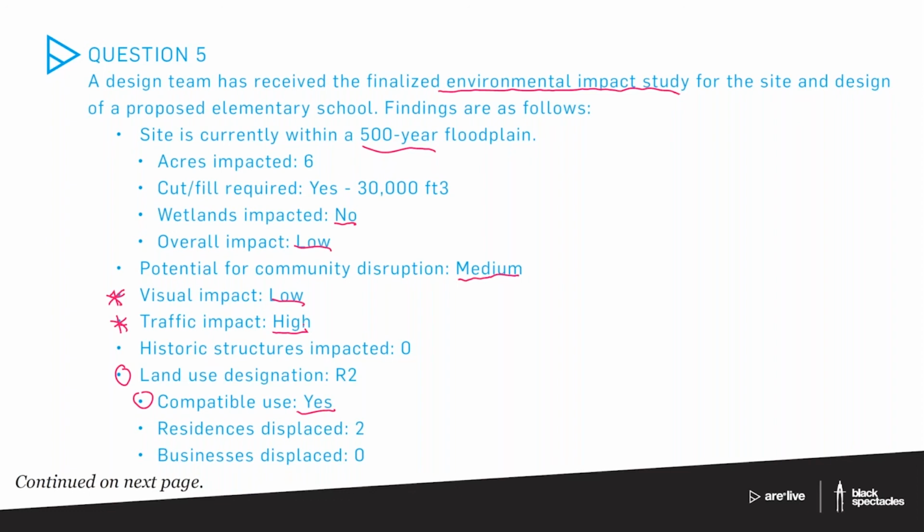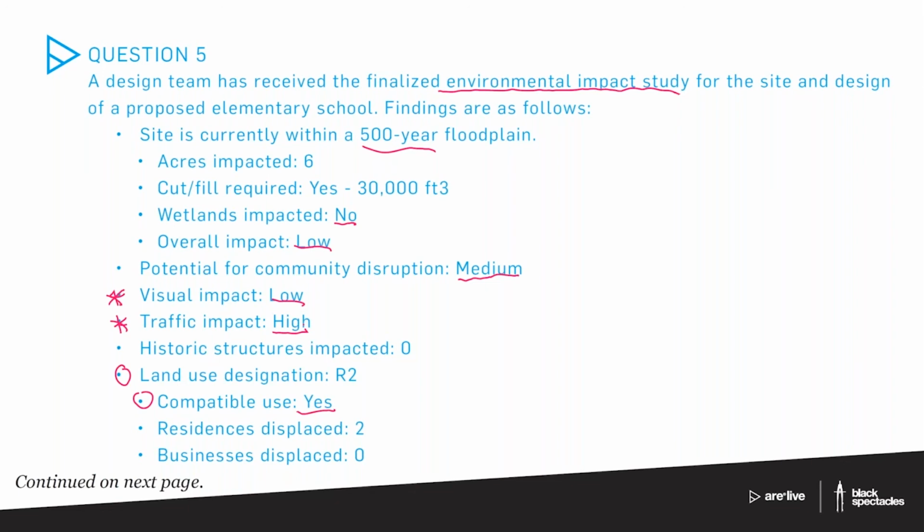comment in this EIS. This is a relatively low chance of the property flooding. 500-year floodplain means there's, statistically anyway, a chance that it will flood once every 500 years.